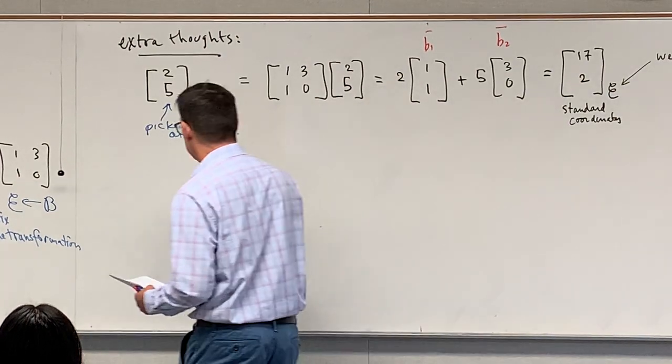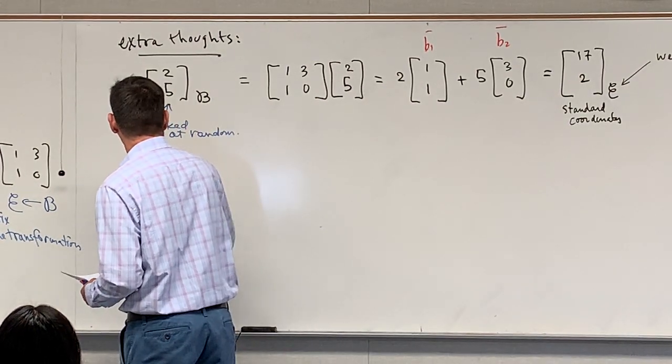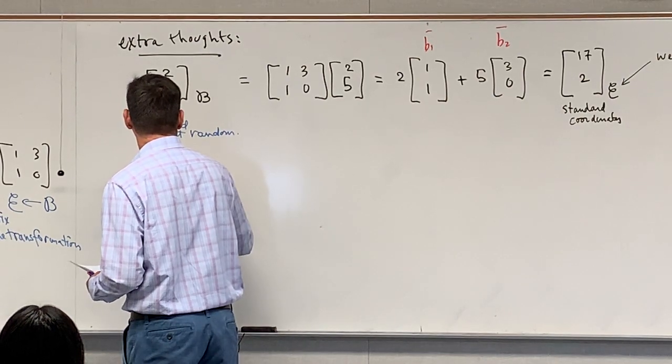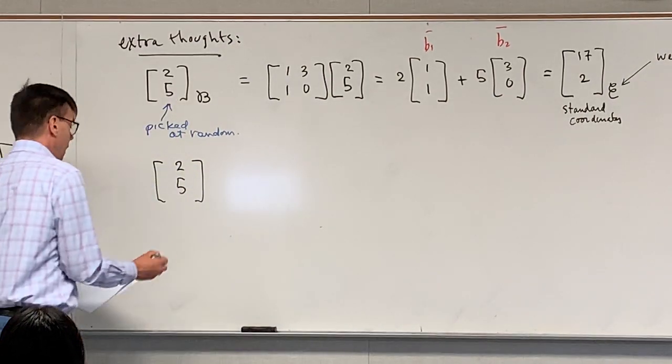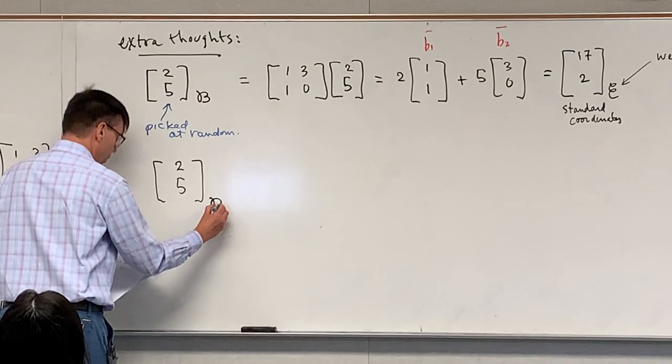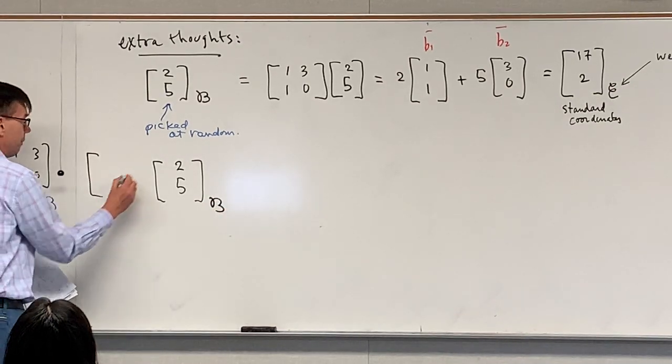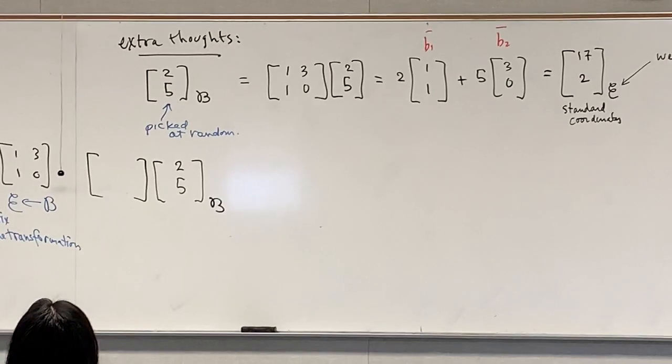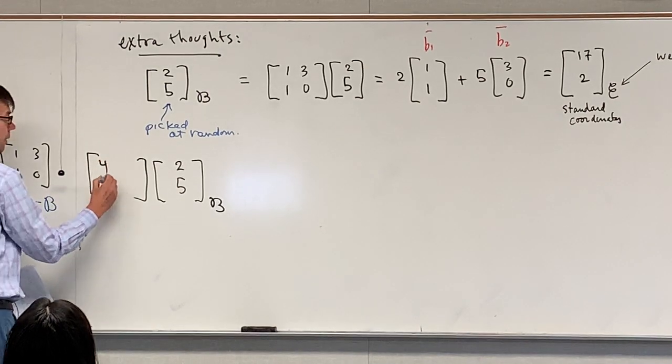I want to take that 2, 5 vector in B coordinates, and I want to multiply by the 4, negative 1, 3, 1.